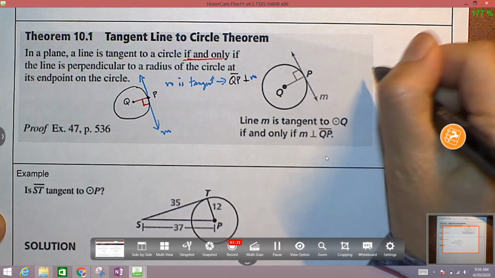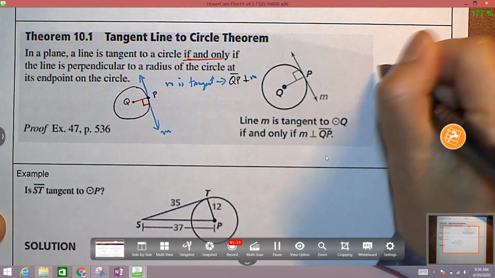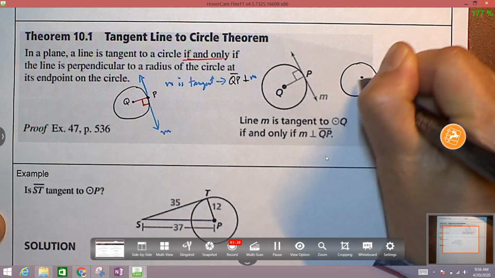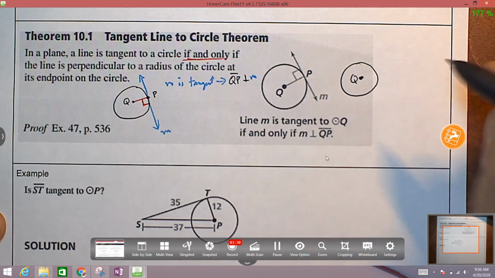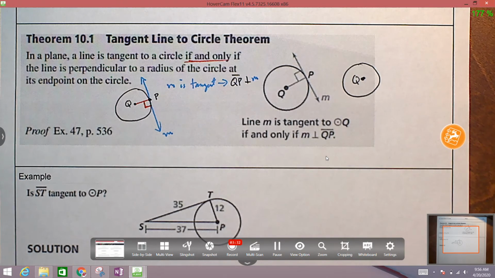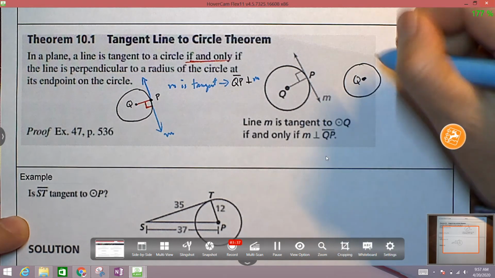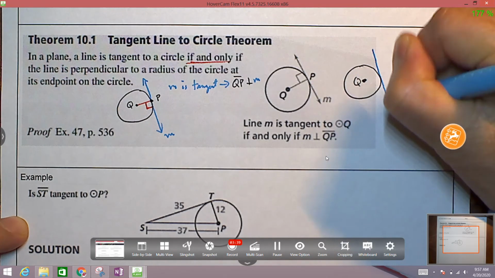So let's say we have a circle that's just sitting here in two-dimensional space. I'm just going to draw it right here. We have circle Q, sitting there in two-dimensional space, just minding its own business. And this line is also in two-dimensional space.